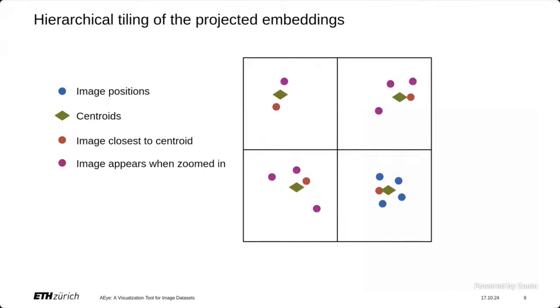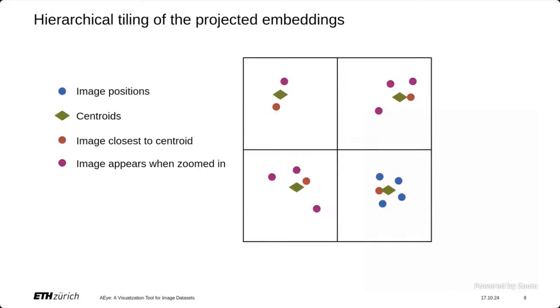Now for the bottom right tile, we want to recursively run our algorithm again, but this time with an adapted k-means clustering algorithm. So the red dot is an image that was shown in the layer before, and for navigation purposes and consistency, we also want to keep this image as a representative in the next layer, which means that it should also be shown again.